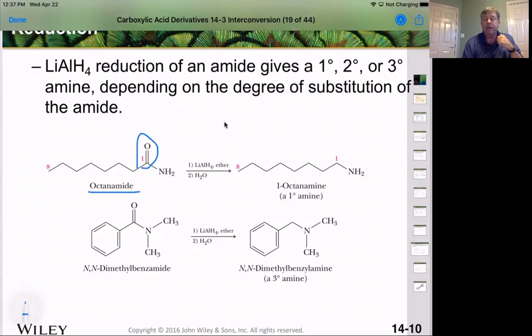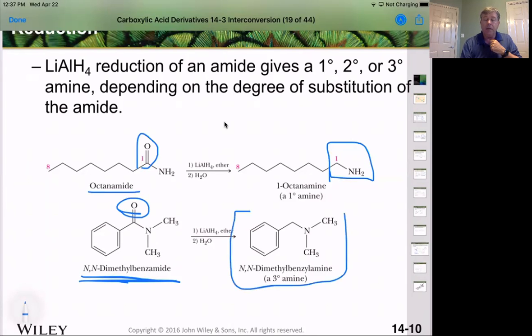It's going to add across that, leaving our primary amine as our product here. If we start out with this tertiary amide here, we're going to reduce down just the carbonyl group, giving us our tertiary amine. In fact, that's one clever way to make unsymmetrical tertiary amines: to make them stepwise as reactions on amides and then reduce down that carbonyl.